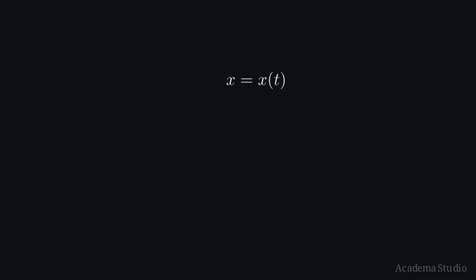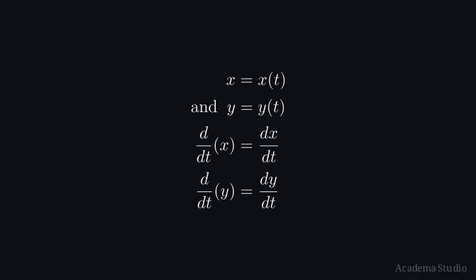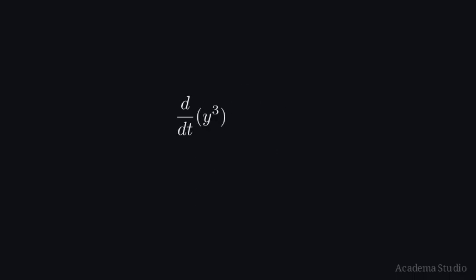x equals x of t, and y equals y of t. The derivative with respect to t of x equals the derivative of x with respect to t. The derivative with respect to t of y equals the derivative of y with respect to t. The derivative with respect to t of y cubed equals 3y to the power of 2 times the derivative of y with respect to t.